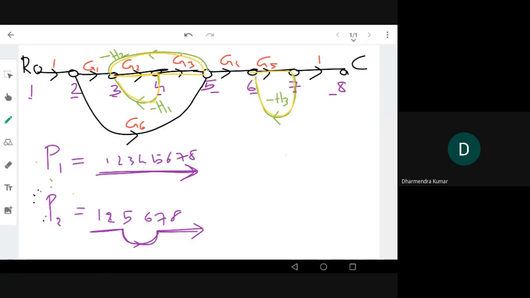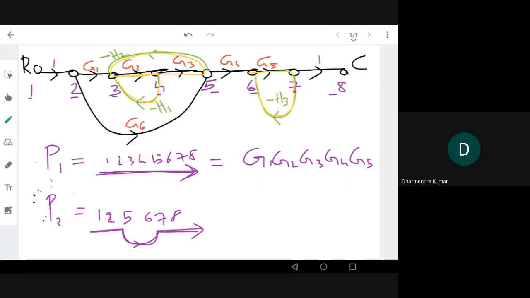Now what are P1 and P2? We have to find the forward path gain for the first forward path. We need to multiply 1 into G1 into G2 into G3 into G4 into G5. In simplified way, it is the product of all those gains, G1, G2, G3, G4, G5. This is P1.